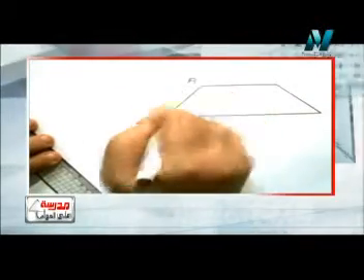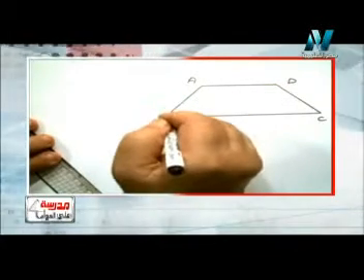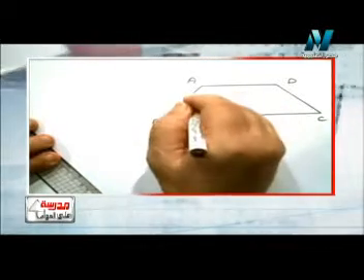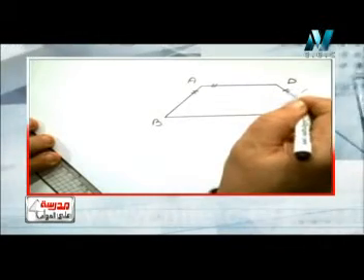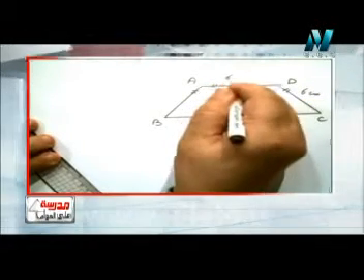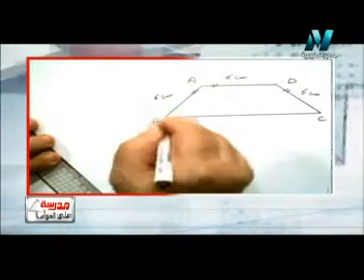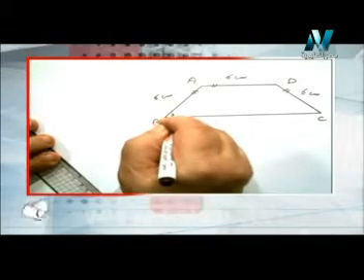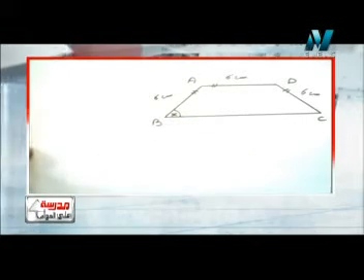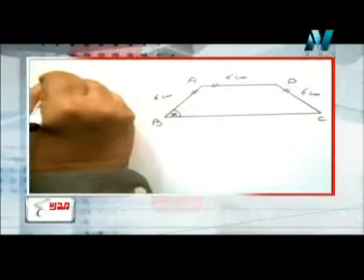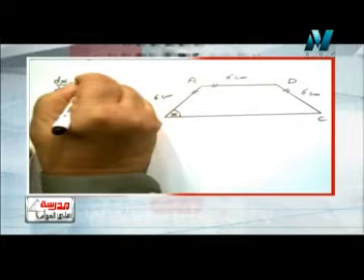A, B, C, D: AB equals AD equals CD, each of them equal to 6 centimeters. And the measure of angle ABC is equal to x degrees. x is increasing by 2 degrees per minute, this means dx by dt equals 2 degrees per minute.